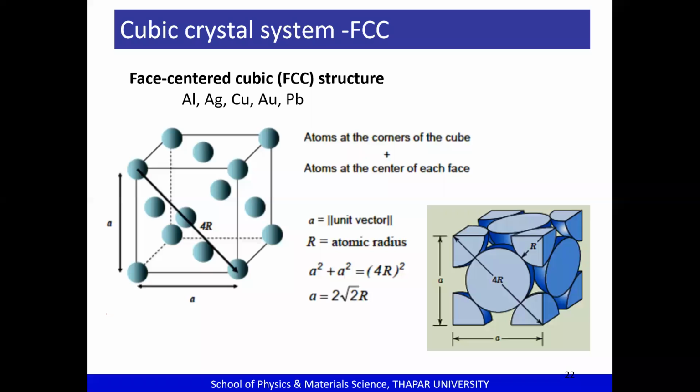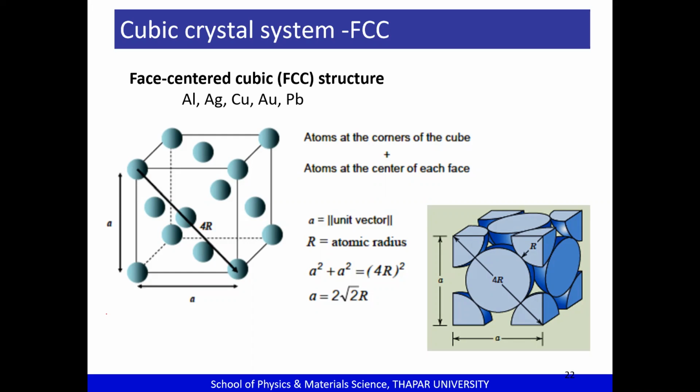And you know how the non-primitive unit cell looks, which is shown as a schematic in the leftmost image, where a lattice point is at the corner as well as at the center of each face.